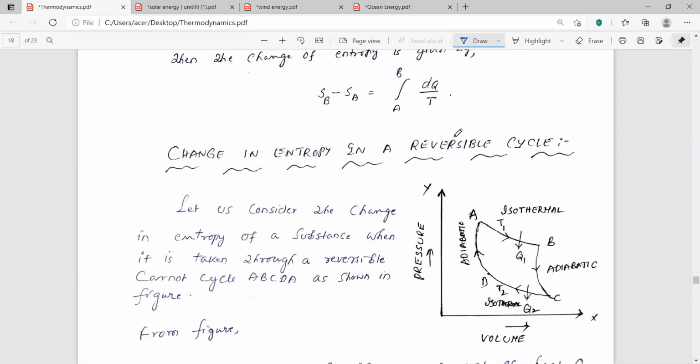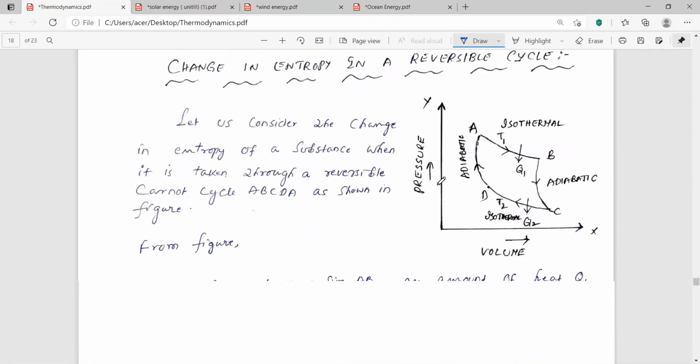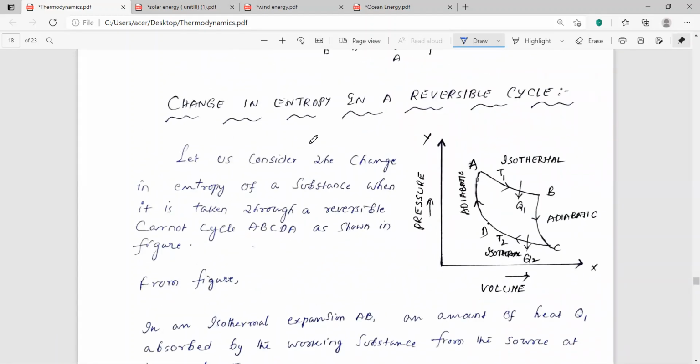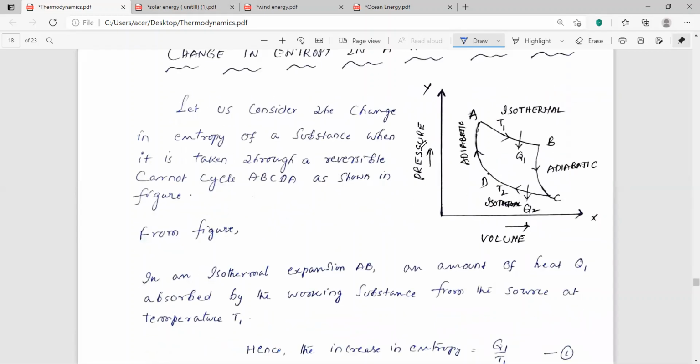Now after that, we have seen what is the change in entropy in the reversible process. In order to find out the change in entropy in a reversible cycle, we have taken another Carnot cycle A, B, C, D. As you well know, in the Carnot cycle we have four operations: isothermal expansion, adiabatic expansion, isothermal compression, and adiabatic compression.